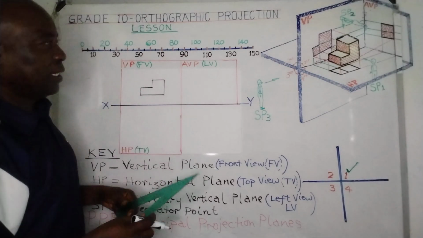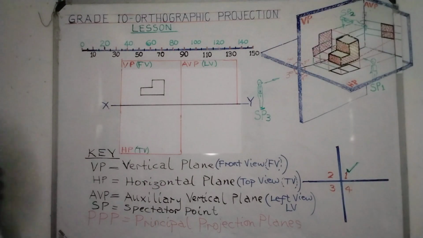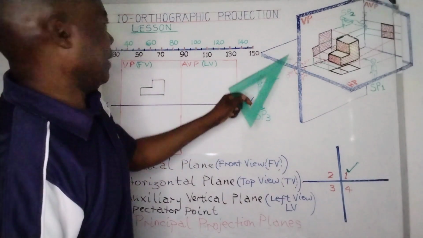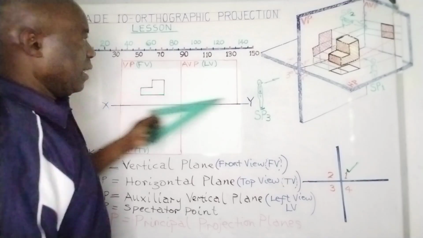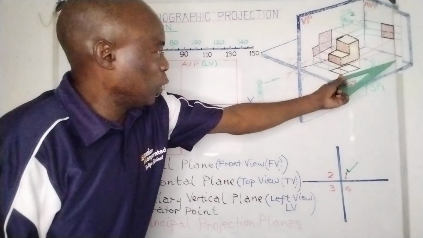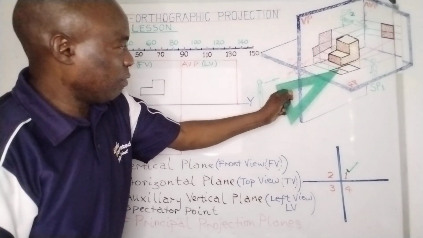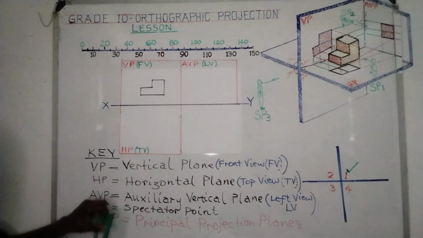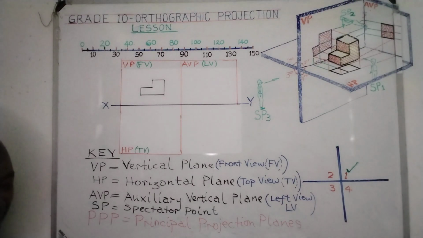And then I also do the same going to the auxiliary vertical plane, up to about there, right? And then that's all. But now we have to also consider the position of the top view.